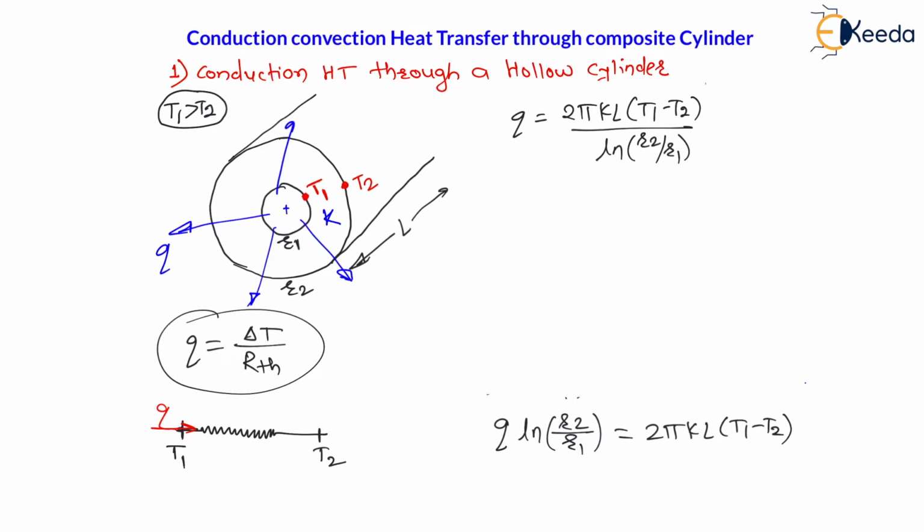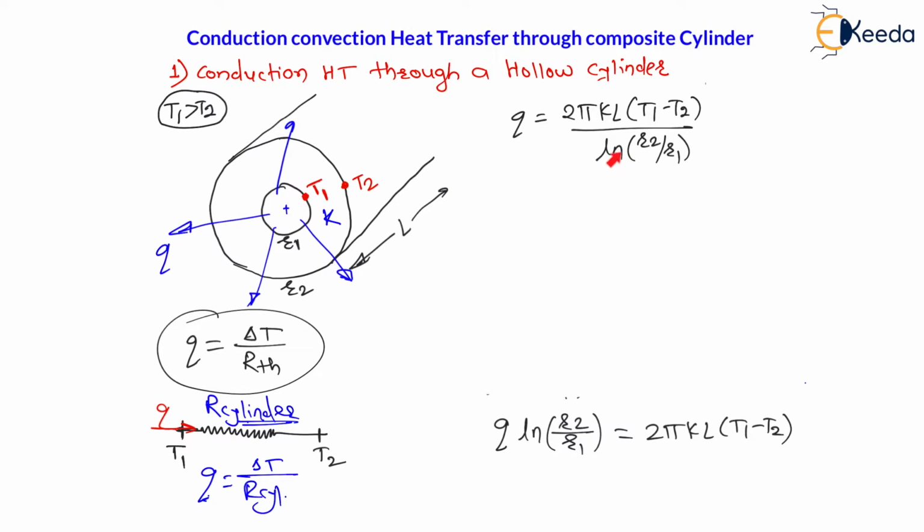And my dear students, for this heat transfer, this cylinder surface will offer some thermal resistance, which is called R of cylinder, resistance offered by the cylinder. And in terms of this resistance, the conduction heat transfer Q is given as temperature difference del T, that is T1 minus T2, divided by R of cylinder.